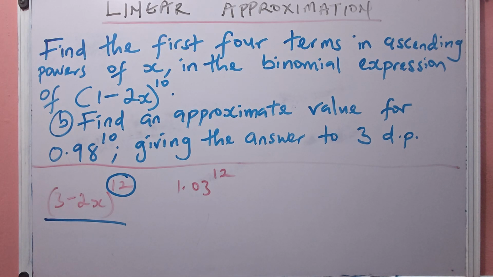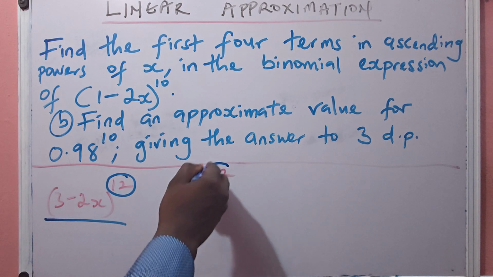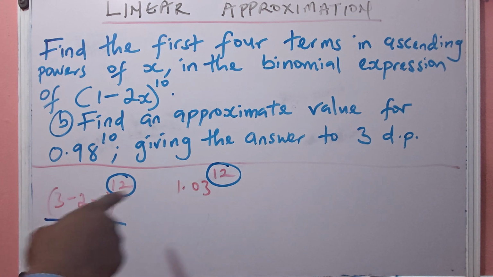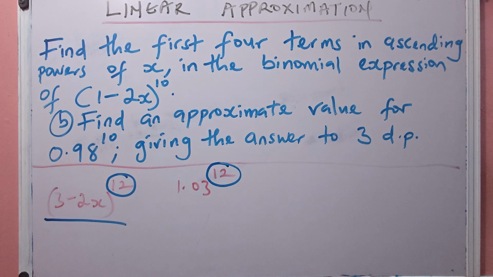Now, if you are supposed to find an approximate value for any arithmetic, the power of that arithmetic must be the same as the power of the expression you were to expand. This is the only situation where you would be able to use this concept for solving.